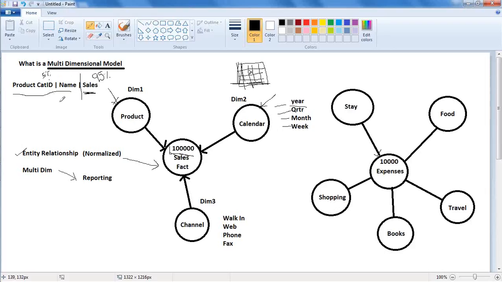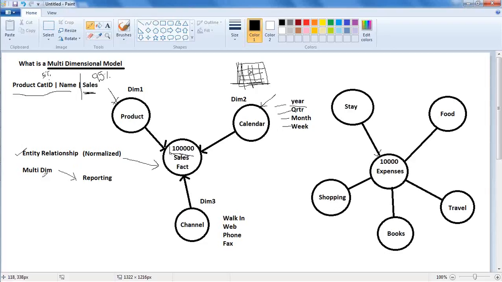So when I run a report, 90% of the time we spend on defining the calculations or calculating the data. That is the reason I always keep my table with the numbers as a fact table with only numbers, and I will try to keep it as simple and efficient as possible, because when I make 95% of the effort, my table has to be very simple and lean so that when I run a query, it will work effectively.